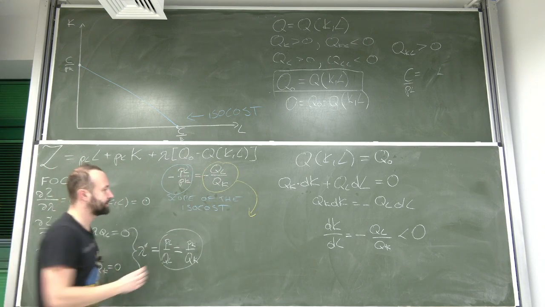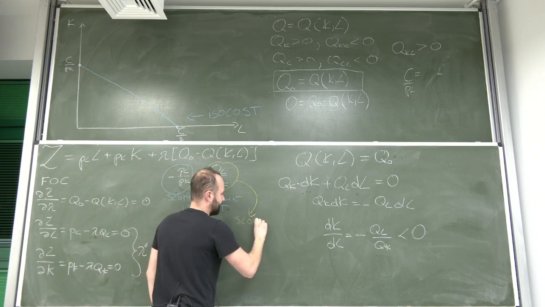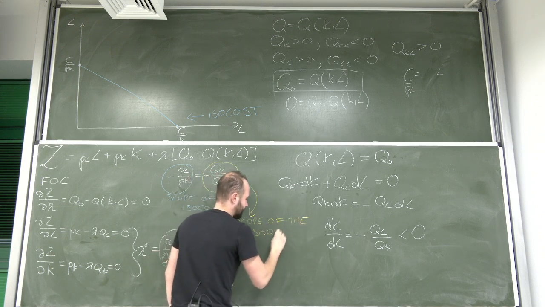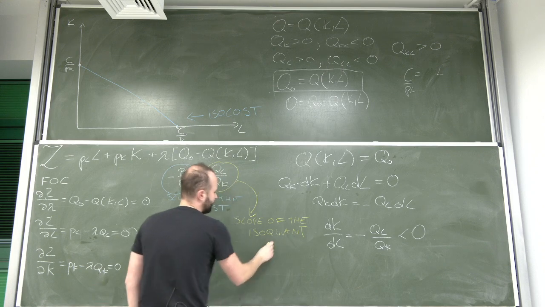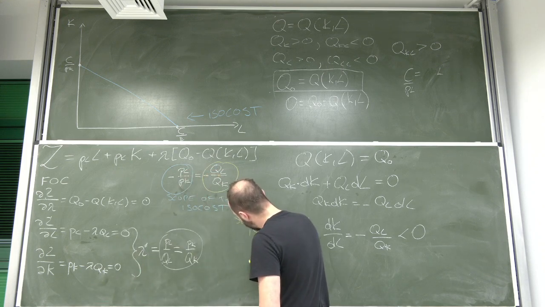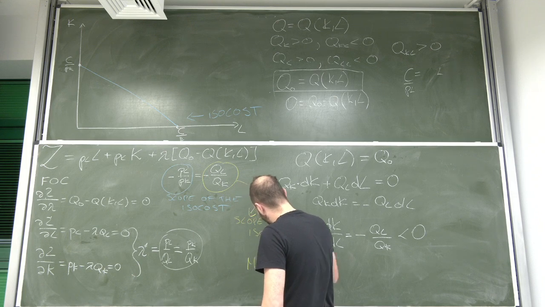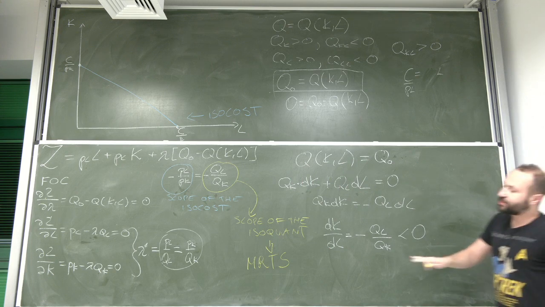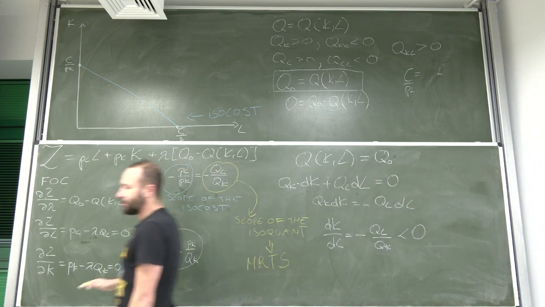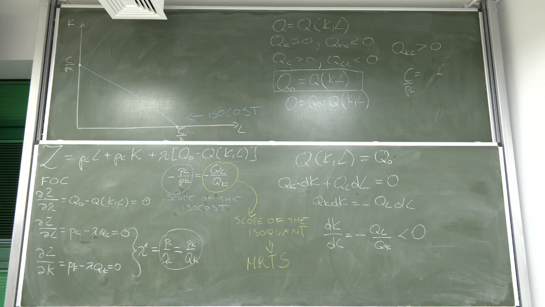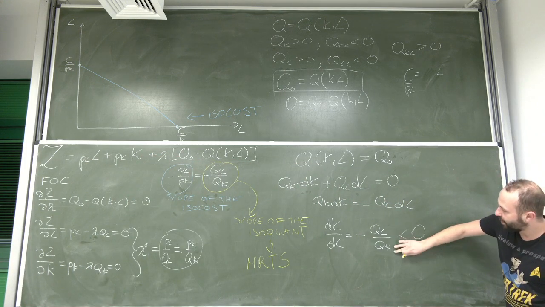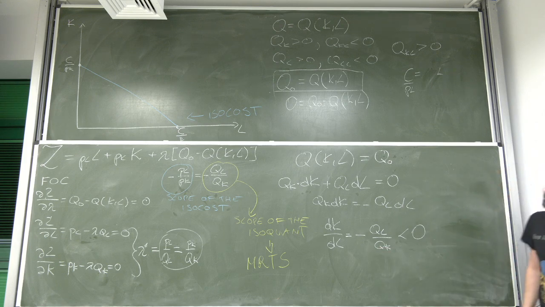And this is the slope of the isoquant. This slope in microeconomics is usually called marginal rate of technical substitution. It simply measures the ease with which we can substitute one factor of production for the other. Okay, and look, it's simply given as ratio of marginal products with minus upfront.